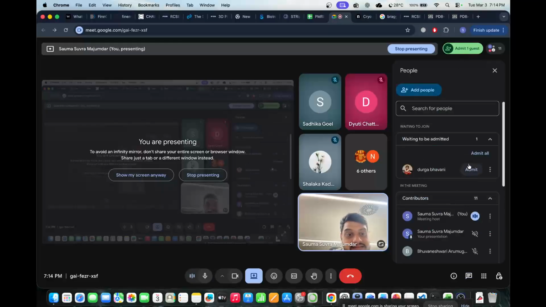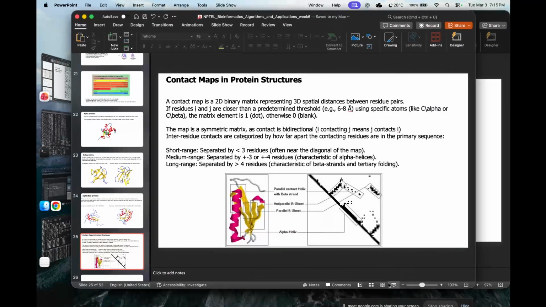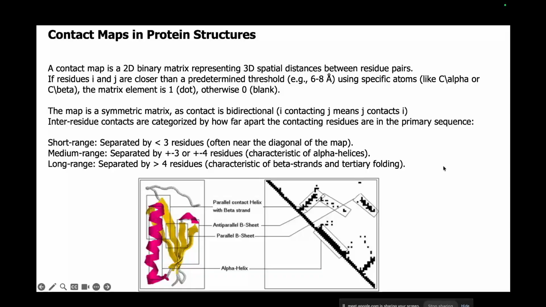If there is a similarity, there is a dot. If there is a mismatch, there is nothing. It's blank there. So the map will be a symmetric matrix as contact is bidirectional. So if I is connected to J, J is also connected to I. Interresidue contacts are categorized by how far apart the contacting residues are in the primary sequence.